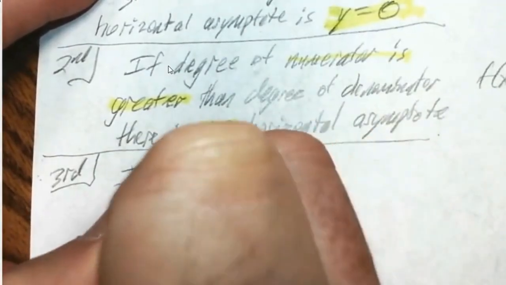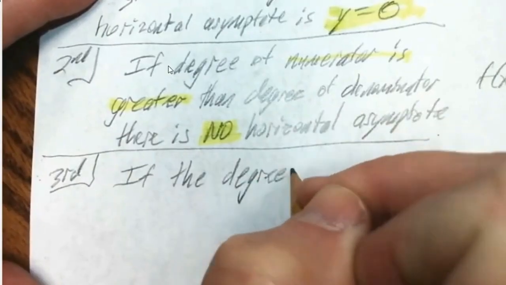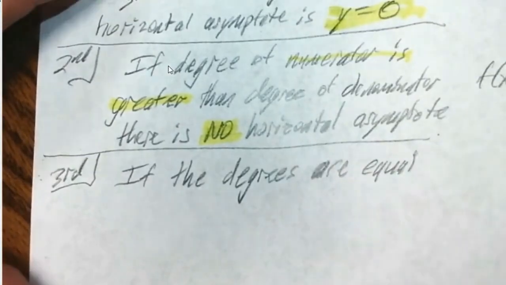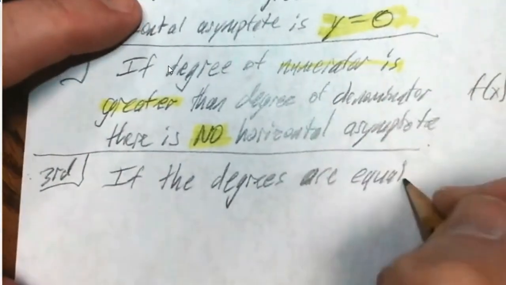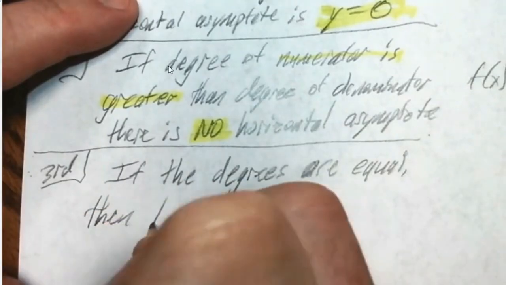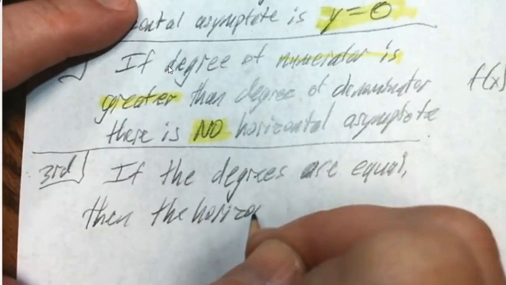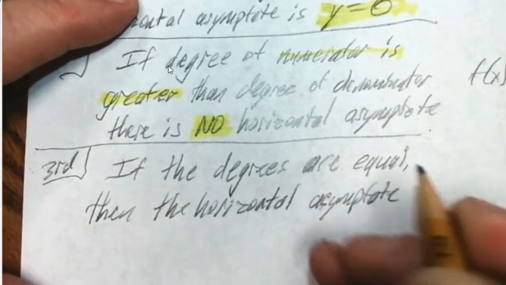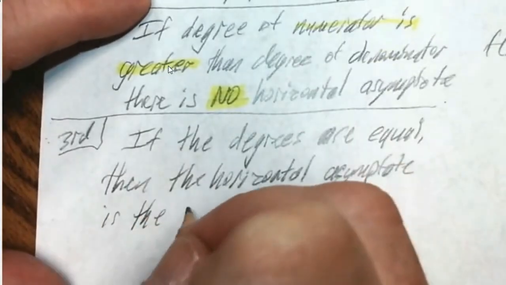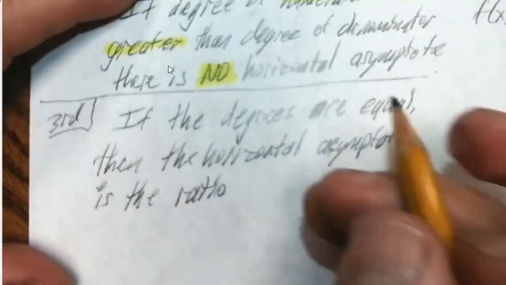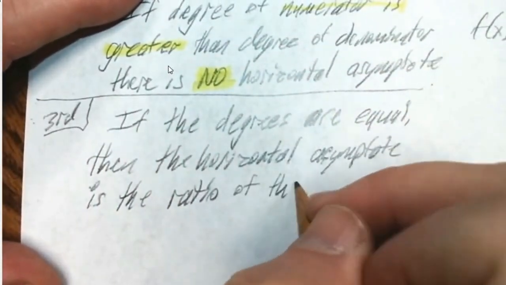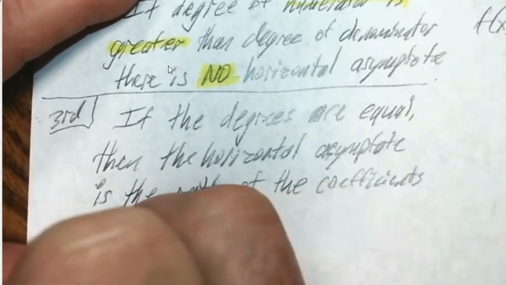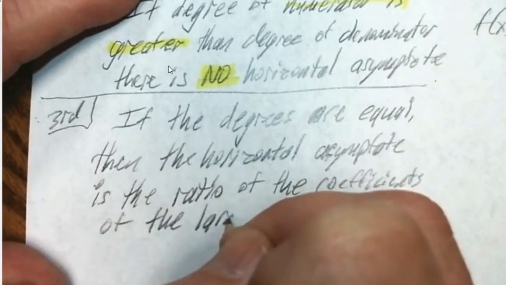If the degrees are equal, then the horizontal asymptote is the ratio, oh, you're thinking, oh, we're using big words here, of the coefficients of the largest terms.